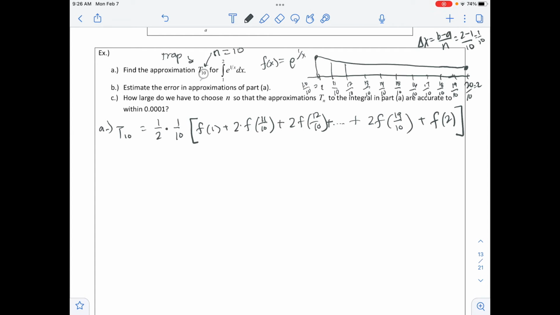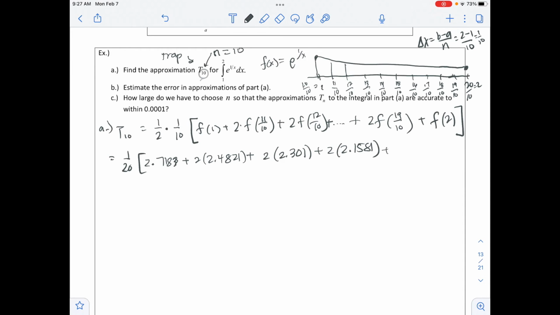I'll round to 4 decimal places. A lot of button pushing. So we have 1 over 20, and then f of 1, we get 2.7183, plus 2 times 2.4821, plus 2 times 2.301, plus 2 times 2.1581.